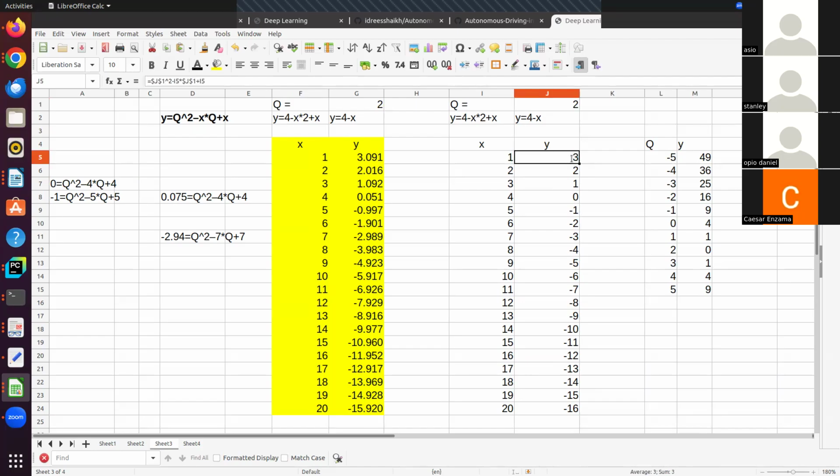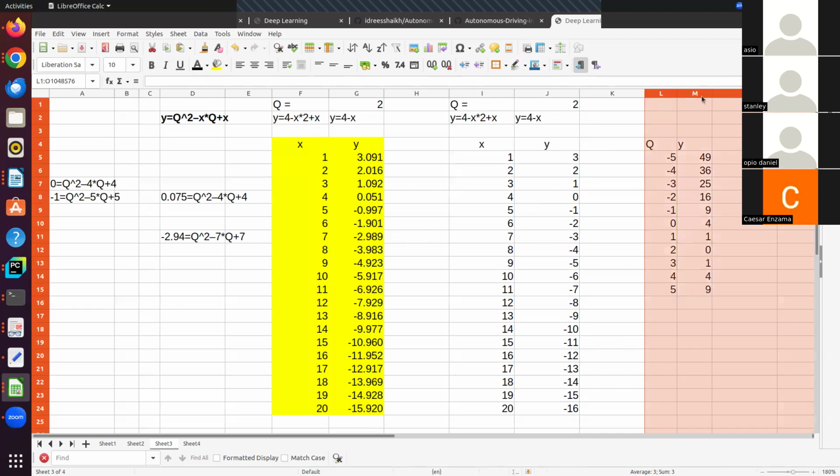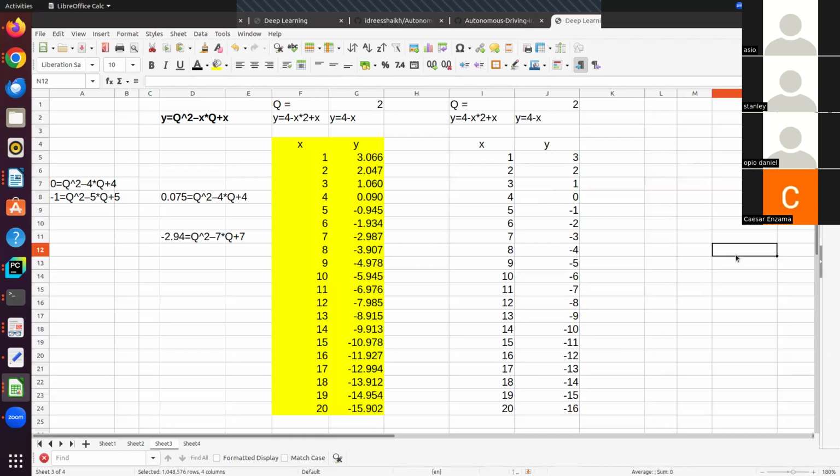How about if we make those not based on this 2? How about I make this one a function. Let me measure it, just for the fun of it. Let's do the following.